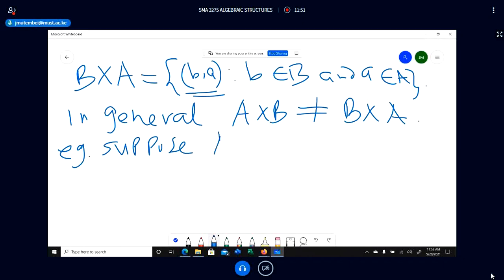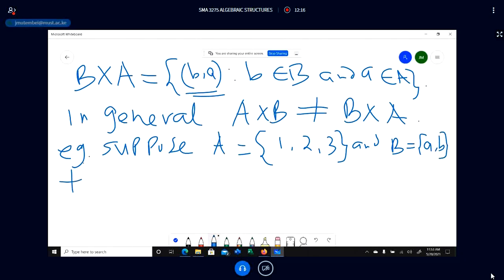Suppose the set A has elements 1, 2, 3, and B has elements a, b.